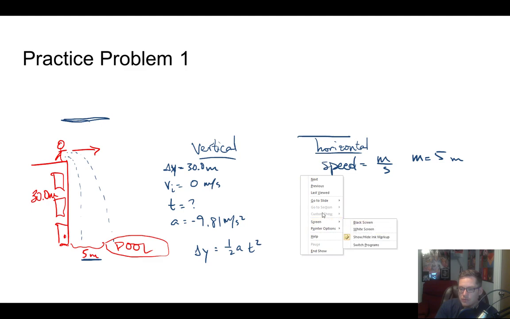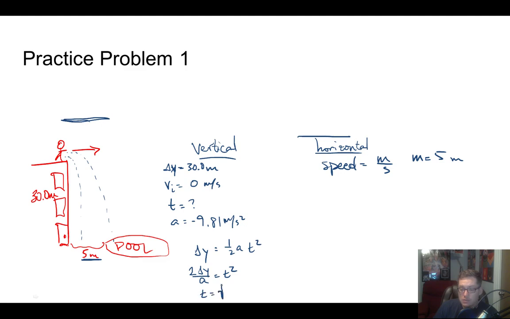Remember, physicists, we rearrange equations. All right, so we're going to solve for t. That means we're going to multiply both sides by 2 in order to get rid of the 1/2, and we're going to divide by a. So we're going to get 2 delta y over a is equal to t squared. All right, then take the square root of both sides, and we end up with t is equal to the square root of 2 delta y over a.